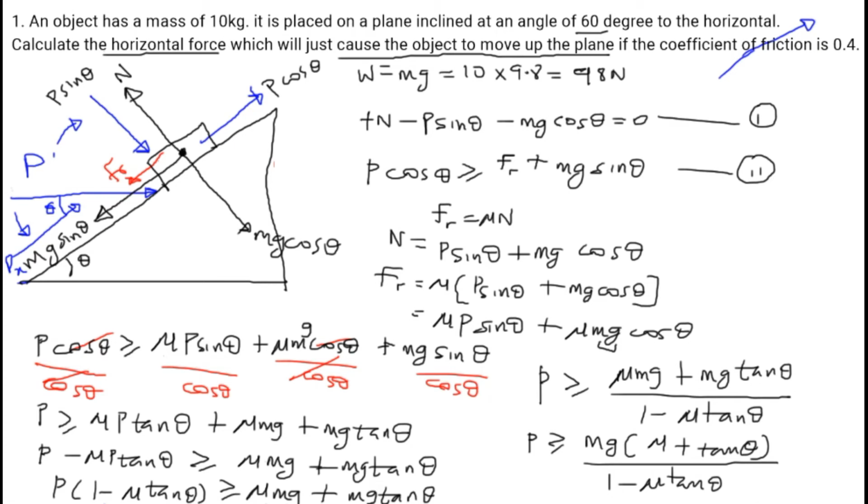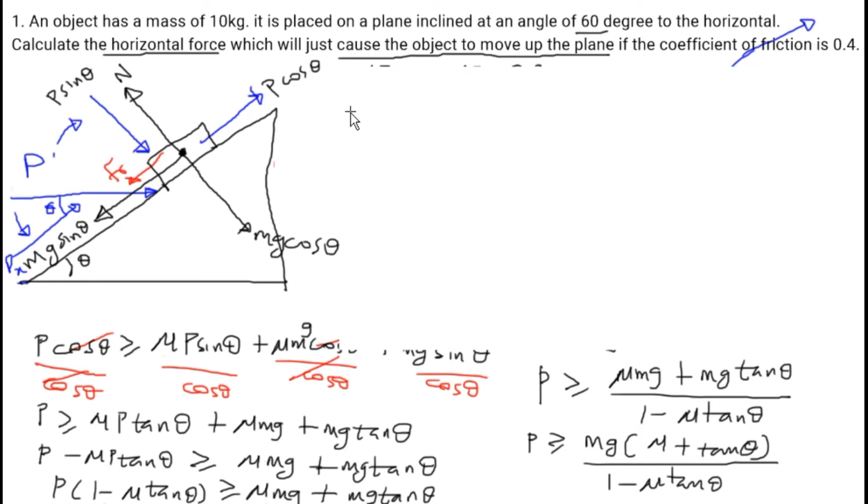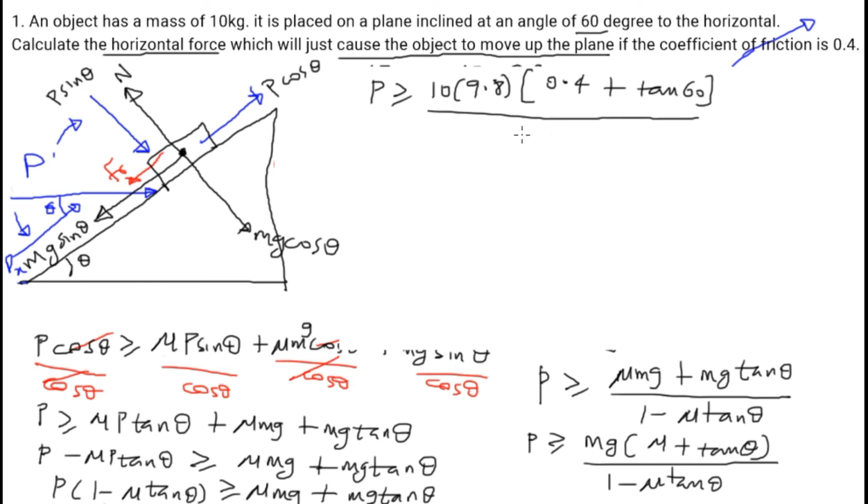So we can substitute the values so that we can go further. P will be greater than or equal to mg. Notice that m is 10, and g, in this case let's use 9.8, times mu, where mu is 0.4, plus tan of 60 degrees, upon 1 minus 0.4 multiplied by tan of 60 degrees.